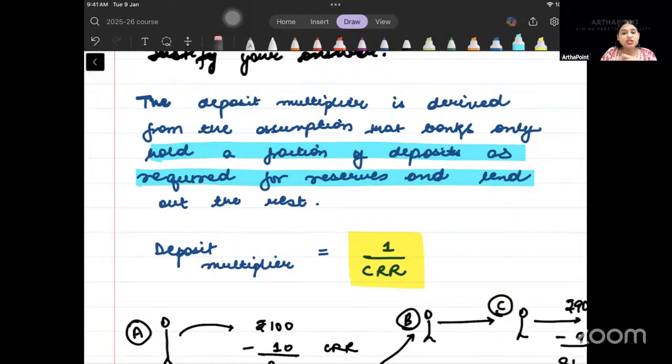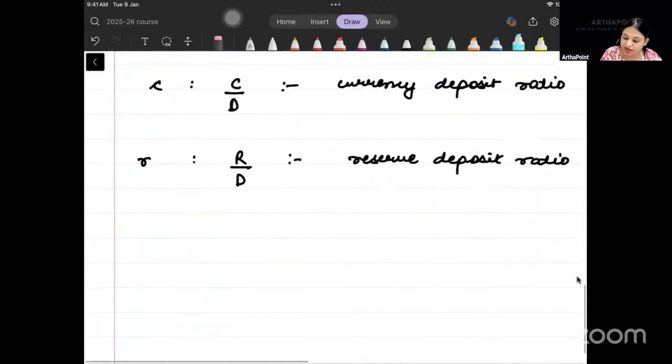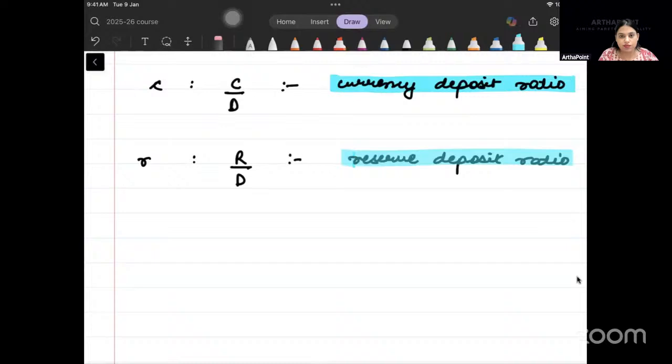बट अब इससे जब हम मनी मल्टीप्लायर की तरफ जाते हैं, सो मनी मल्टीप्लायर इज मोर कॉम्प्रिहेंसिव. Money multiplier is more real world because it contains both currency drain and excess reserves. ये ER की भी बात करता है, right? So money multiplier includes the currency deposit ratio also, and the reserve deposit ratio also. Deposit multiplier only talks about the CRR, the basic reserves we kept, but money multiplier also considers the excess reserve.